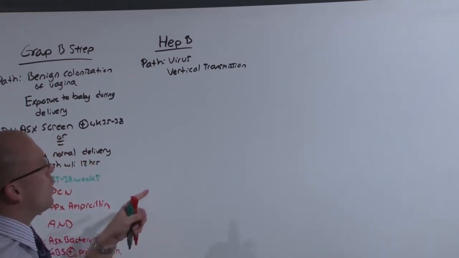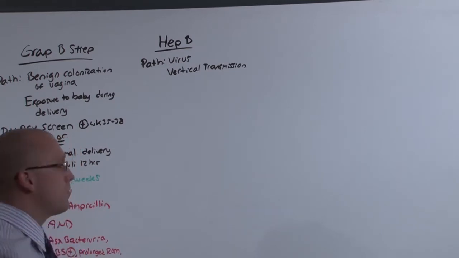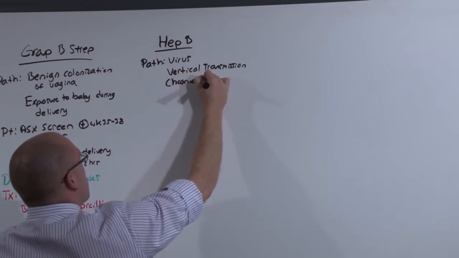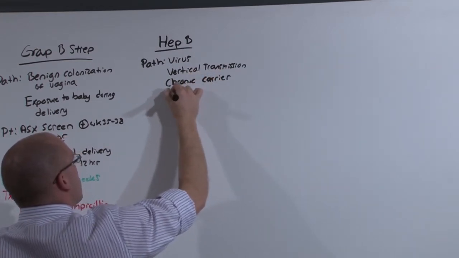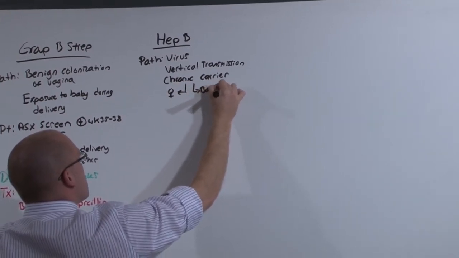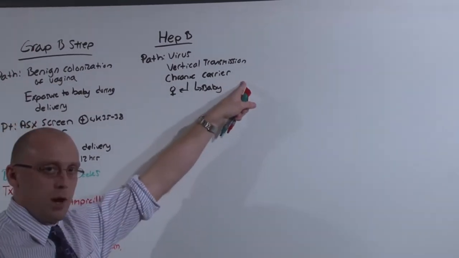But in the case of OBGYN, you have to have a mom that's a chronic carrier. And during the birthing process, mom is going to infect baby. And because baby does not have a developed immune system, baby will then become a chronic carrier.